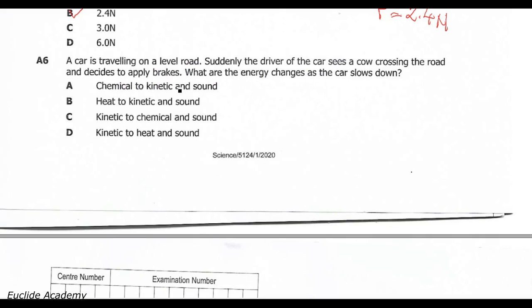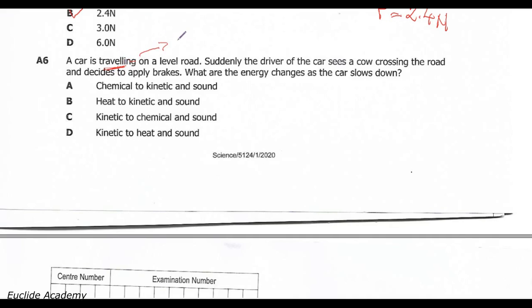So what are the energy changes as the car slows down? Is it chemical to kinetic and sound? Okay, is it heat to kinetic and sound? So a car is traveling. So look at the keywords in this question. A car is traveling. So how do you travel? You travel by moving, right? So from a car, the energy changes so that there is some kinetic.